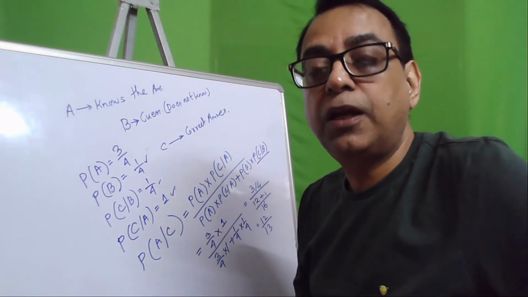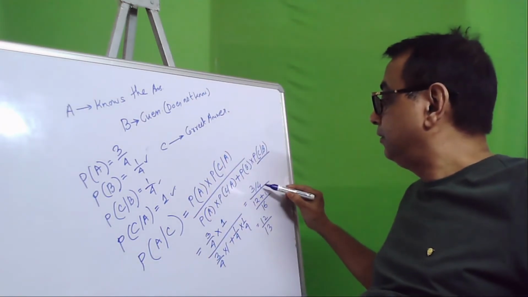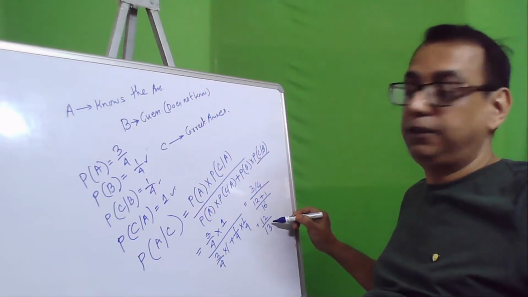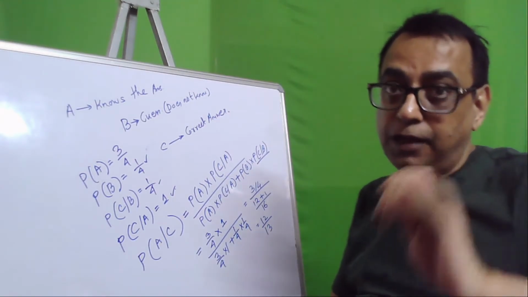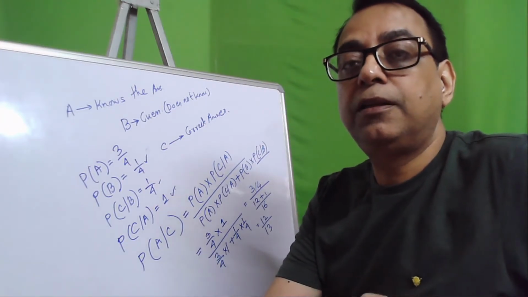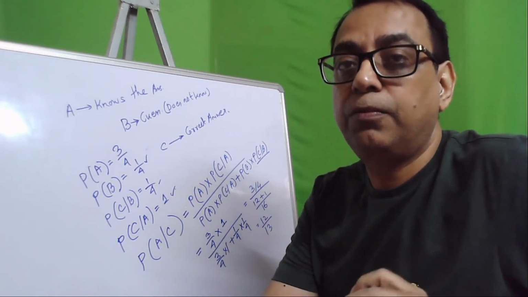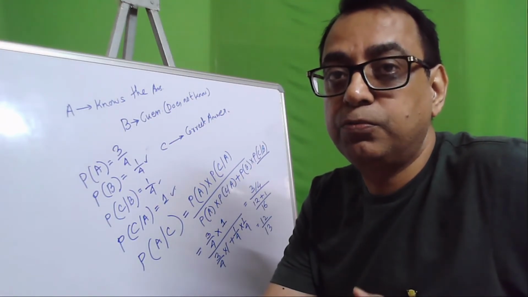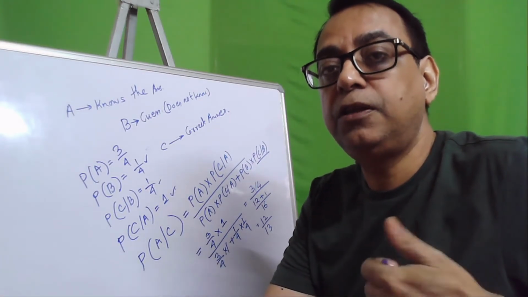So when we do the calculations, we will find this comes to 12 by 13. So when the answer is correct, the probability that he knows the answer is 12 by 13. So this is a reverse probability calculation using Bayes theorem.